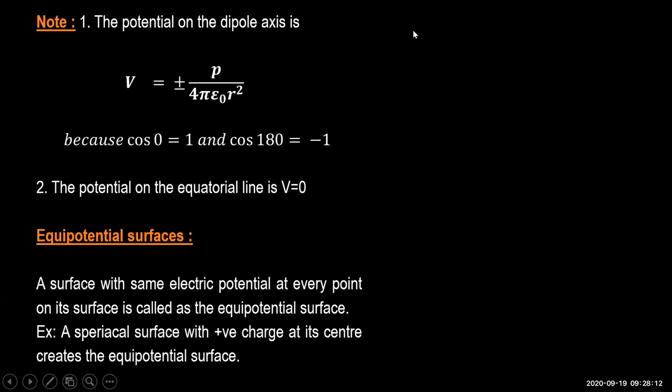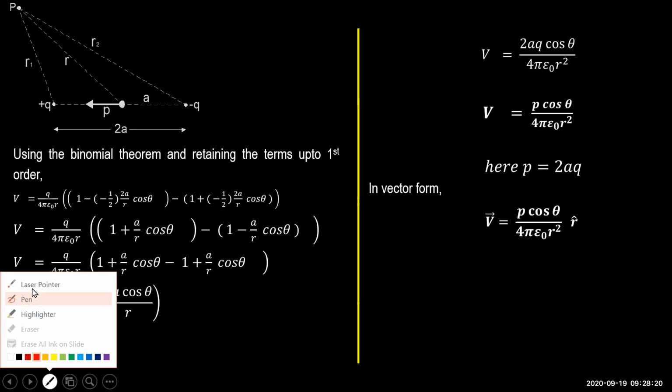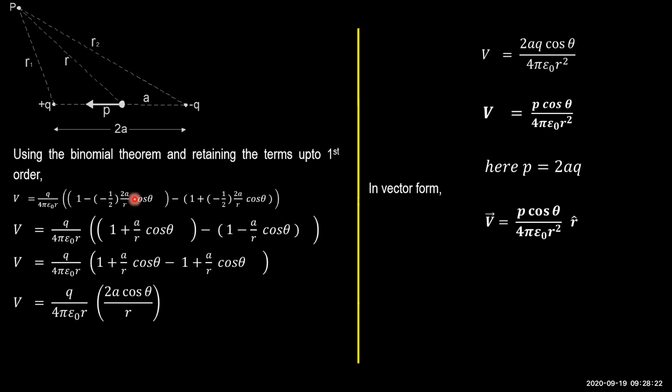When we take the first order binomial theorem, the minus 1 by 2 which was there in the power will be multiplied with cos theta. That is the major change we have.